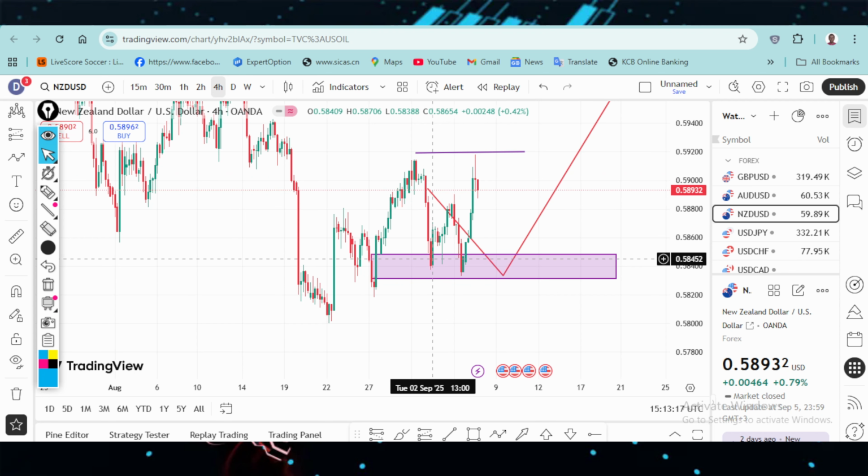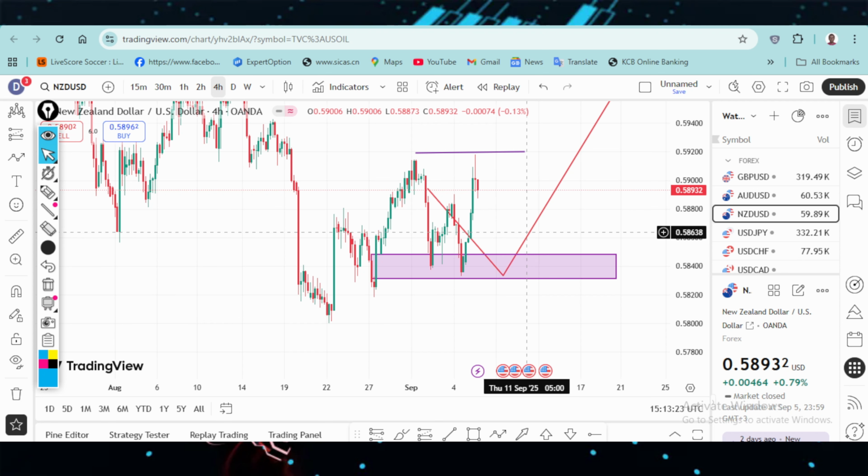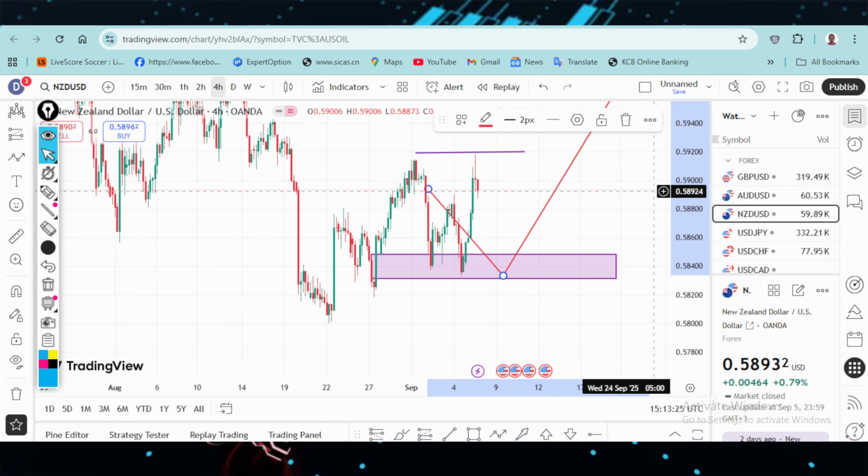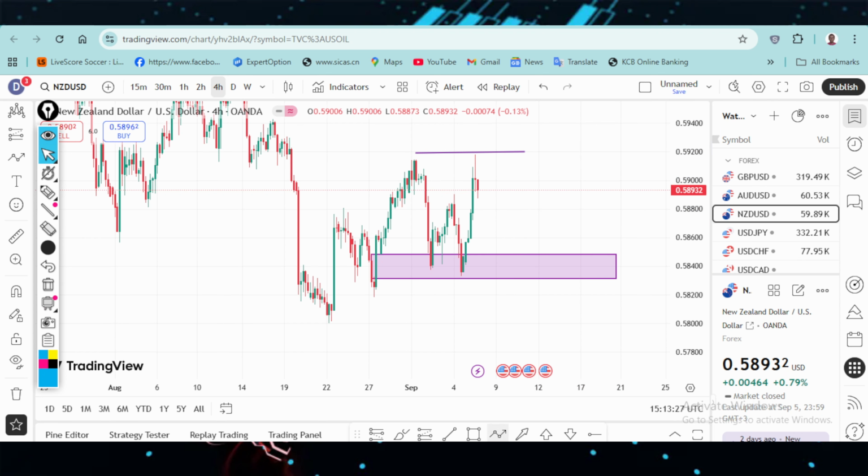Now it dropped here to this imbalance and then it went back up. Because of these imbalances happening here, we're expecting the market again to give us another drop for any further move to the upside.